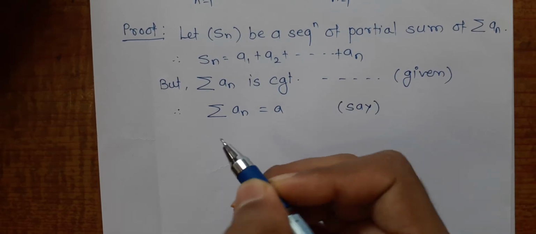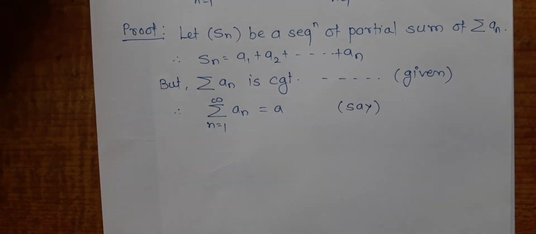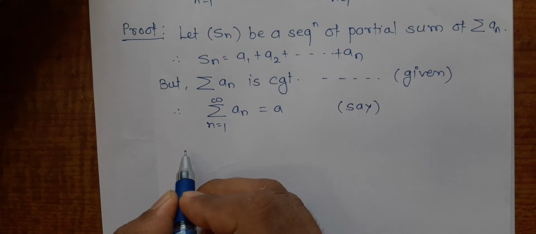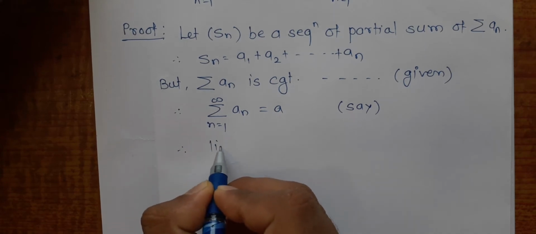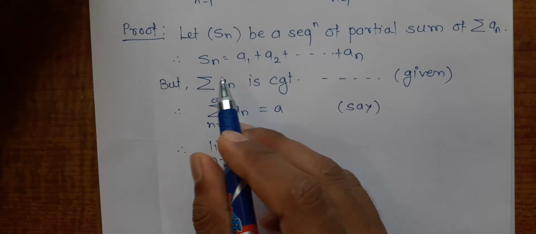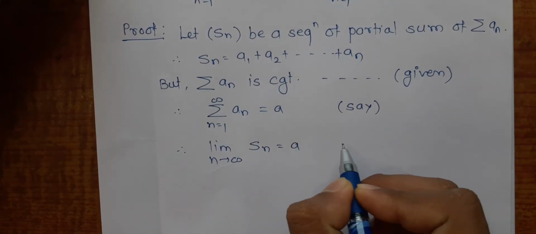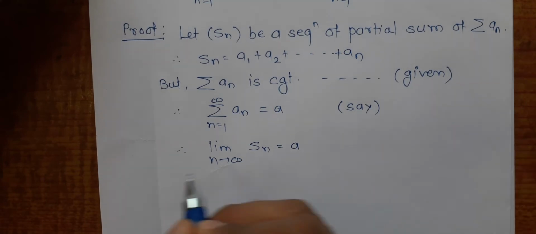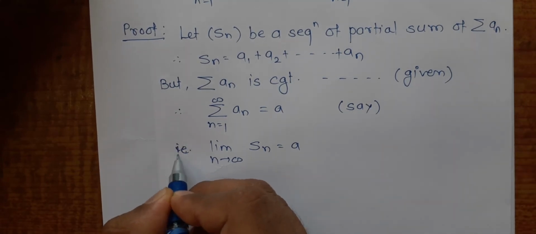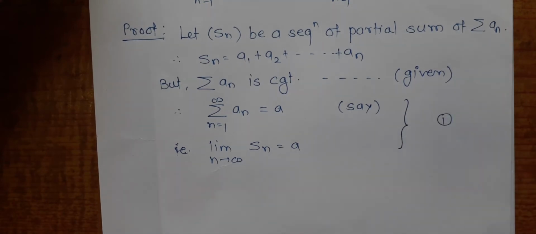It is not given, so we are calling it a. You know that if any series is convergent, obviously the corresponding sequence of partial sums is also convergent. So therefore, limit as n tends to infinity of Sn is also equal to a. Both of these I will call equation 1.